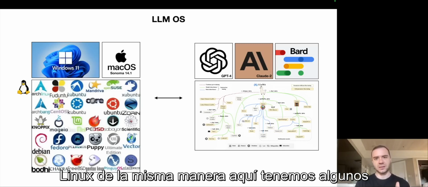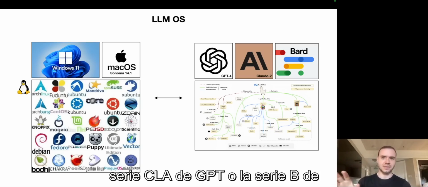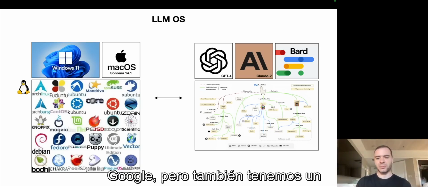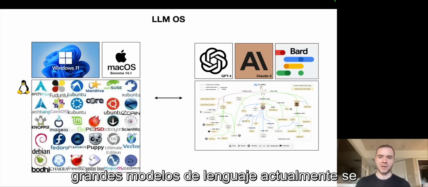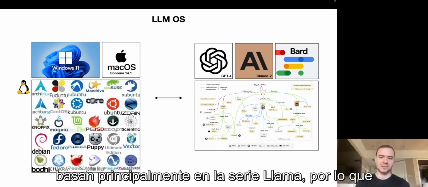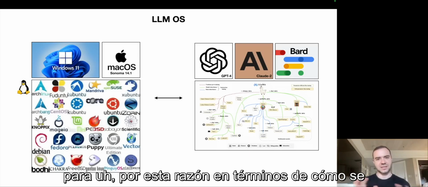In the same way here, we have some proprietary operating systems like GPT series, Claude series, or BARD series from Google, but we also have a rapidly emerging and maturing ecosystem in open source large language models, currently mostly based on the Llama series.